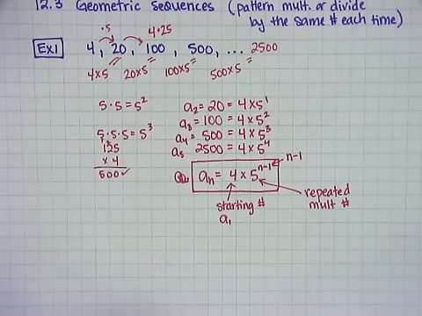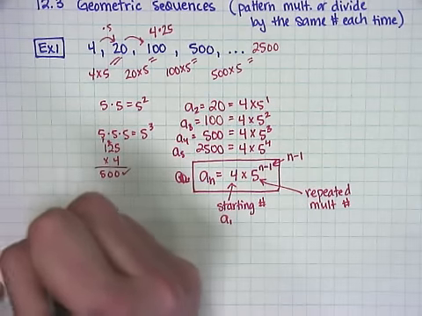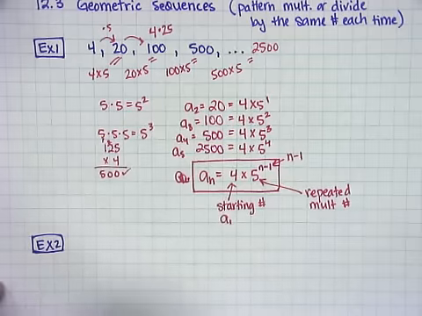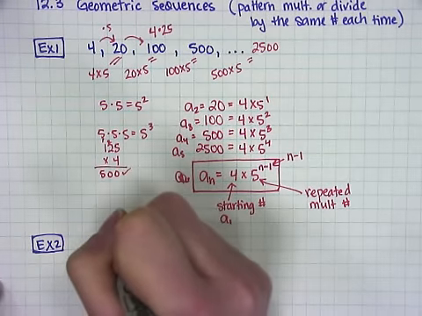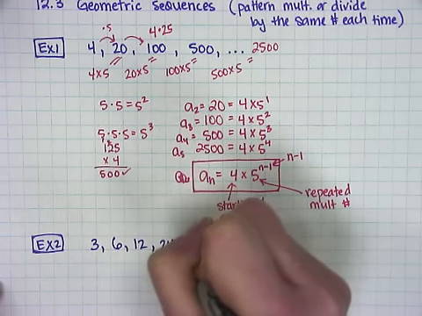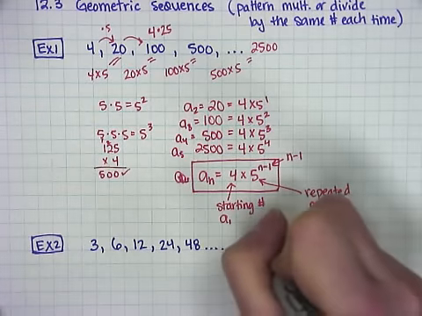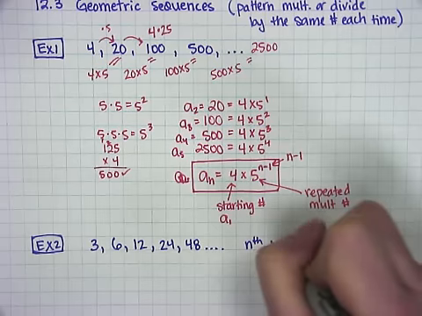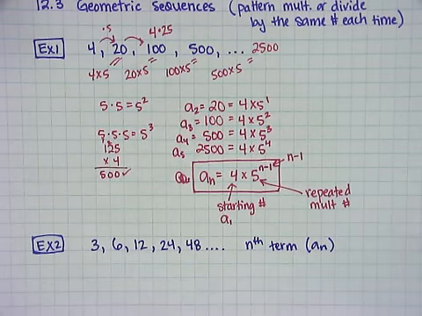So if I gave you guys an example, like example number 2, and I gave you the pattern 3, 6, 12, 24, 48, and so on. And I asked you to find the nth term, which is really just asking for your a sub n formula, right? Okay.